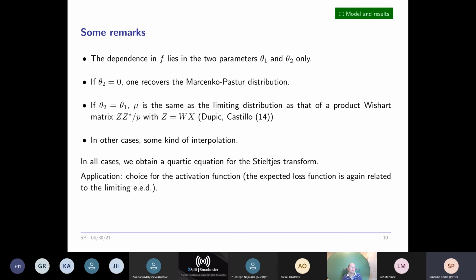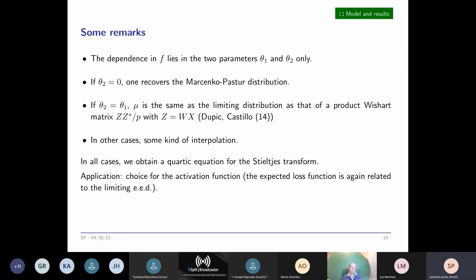So this may be of interest regarding machine learning applications, because sometimes people don't use the Gaussian distribution for the weight matrices, but say the uniform distribution can be used also.